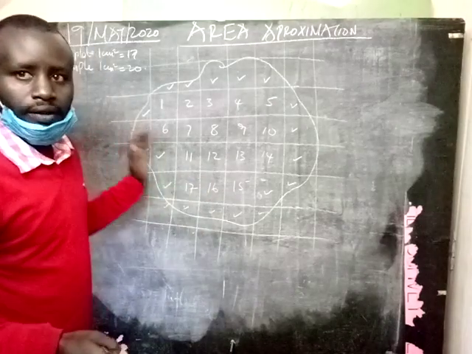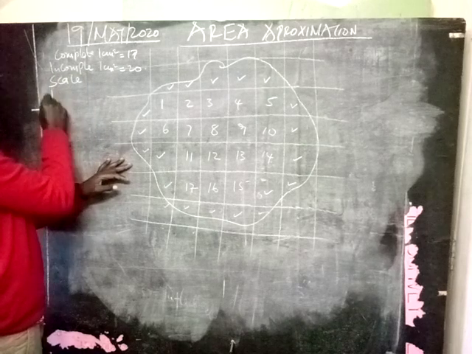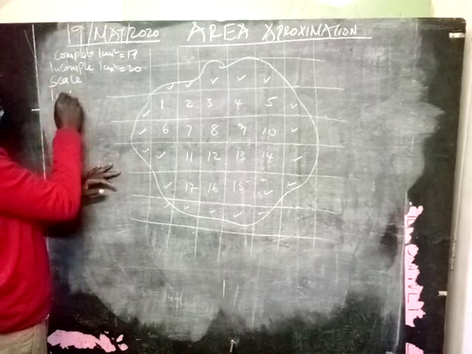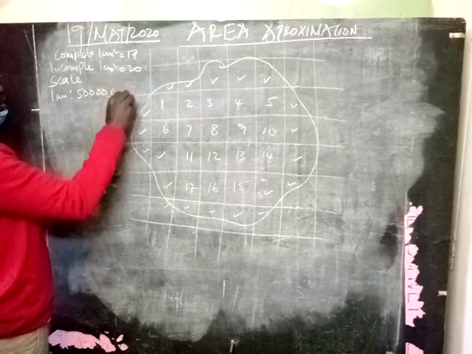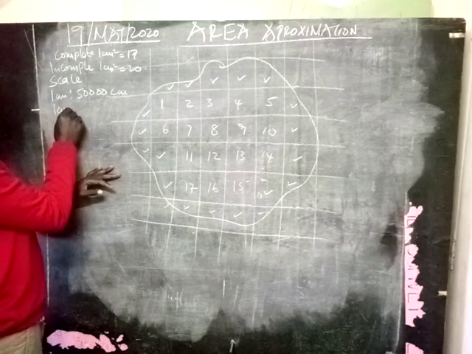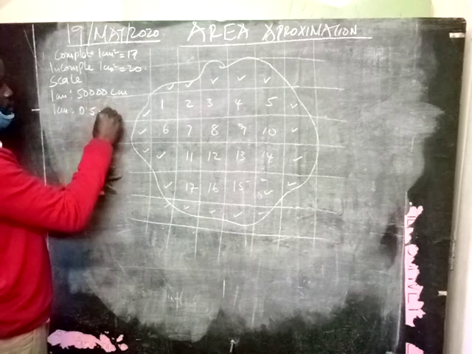Now, the scale, maybe we are given 1 centimeter represents 50,000 centimeters on the ground, meaning this is the same as 1 centimeter to 0.5 kilometers.